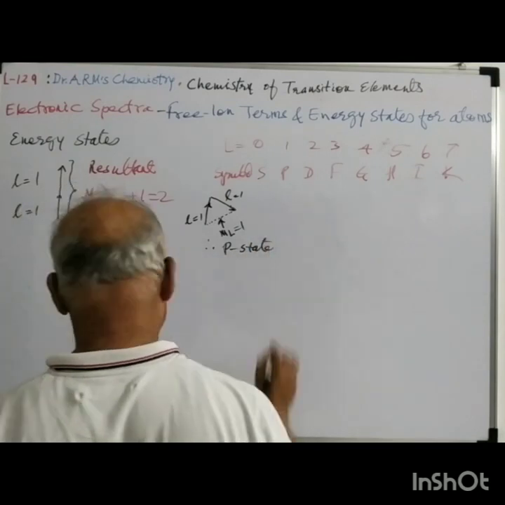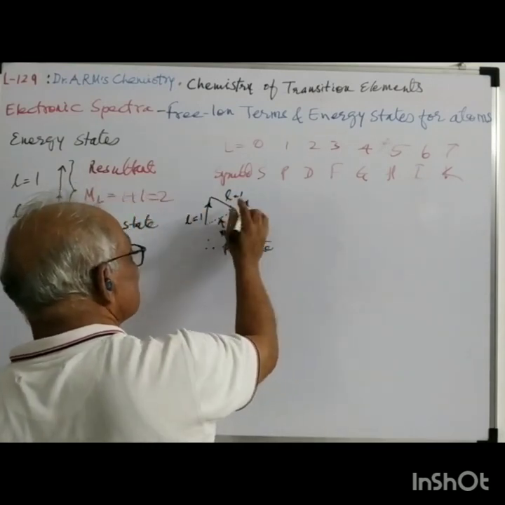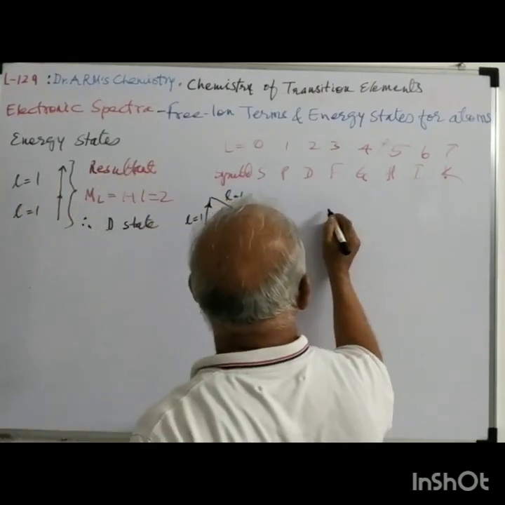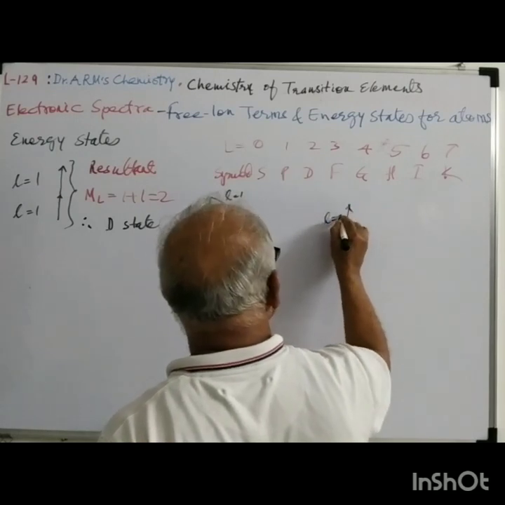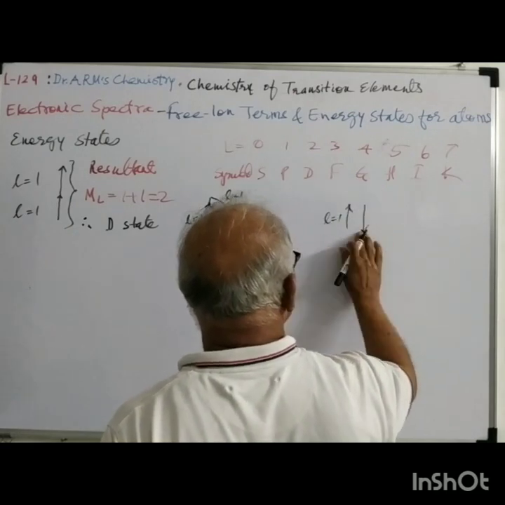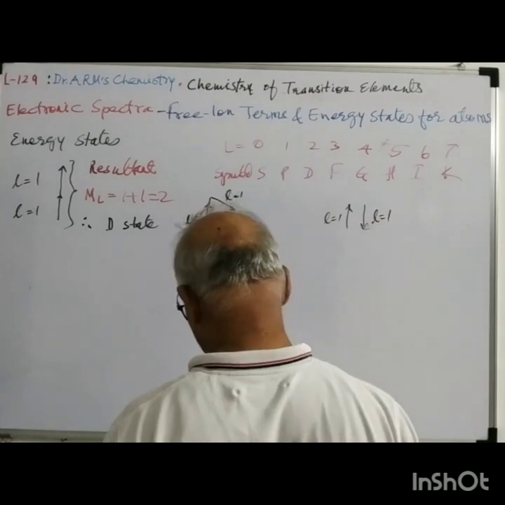When this vector is again coming close, the direction changes. So we will get this vector, that is L is equal to 1, having this direction, and in the opposite direction there is another L is equal to 1.